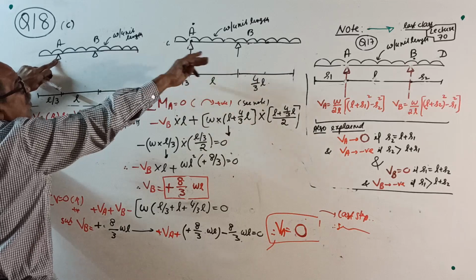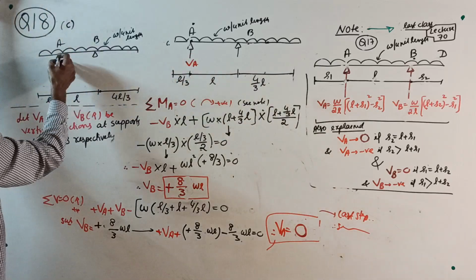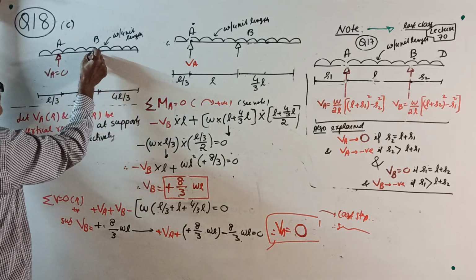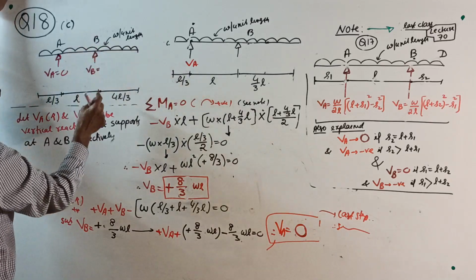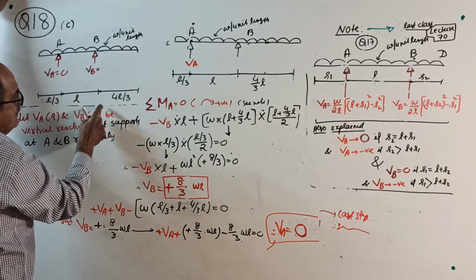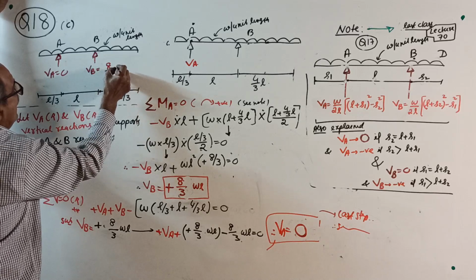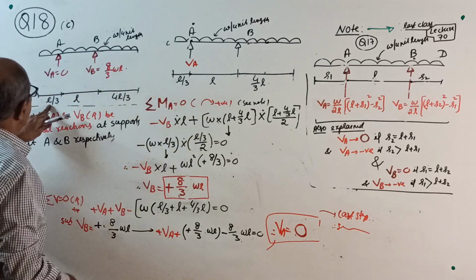So the right overhang is exactly equal to the sum of these two. So your answer VA will come 0. In that case, the entire load will come to support B. That will be 1 by 3 plus 1 plus 4L by 3, which is 8 by 3. 8 by 3 WL. I am writing the answer now only. Why? W into L by 3 plus L plus 4L by 3 is 8 by 3.